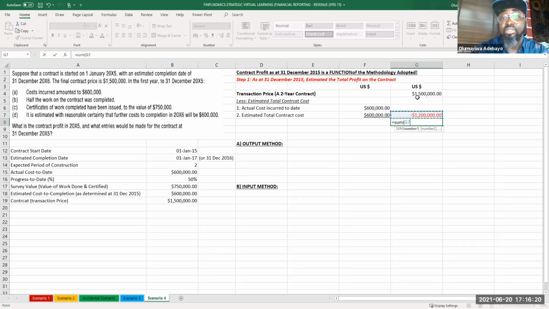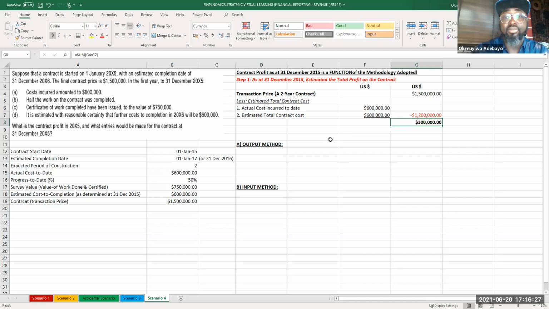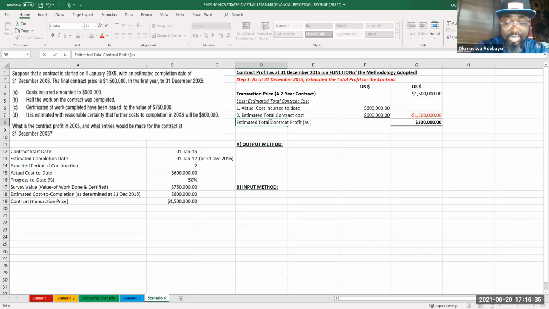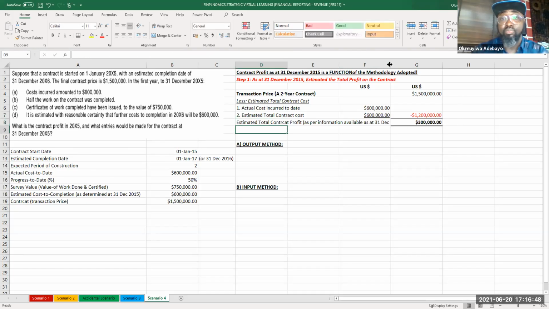And this is our total contract profit we expect, the estimated total contract profit as per information available as at 31st December 2015.